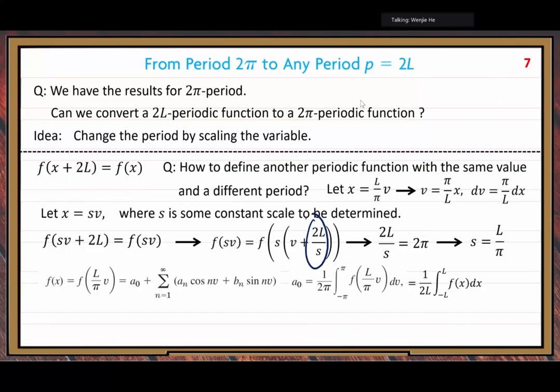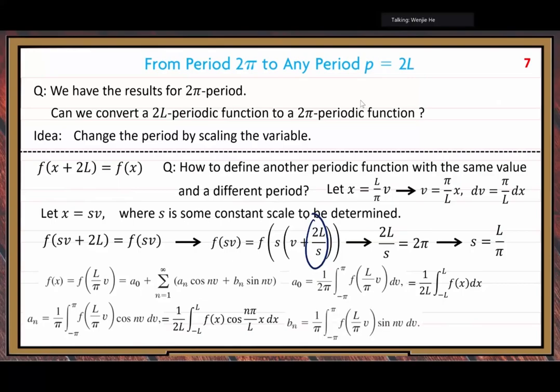So here we can go back from the v variable to the x variable. Similarly, for other formulas, we do the same change. So we can get the version for the general L version formula.